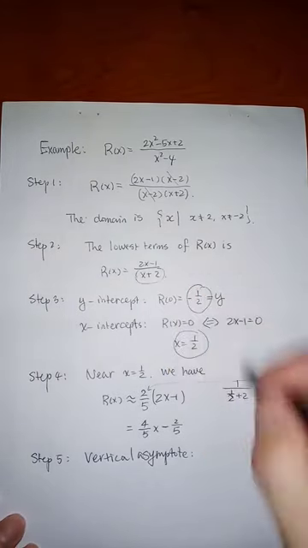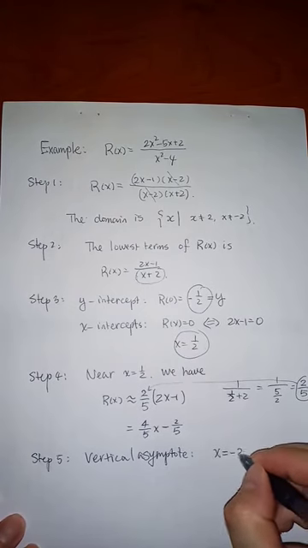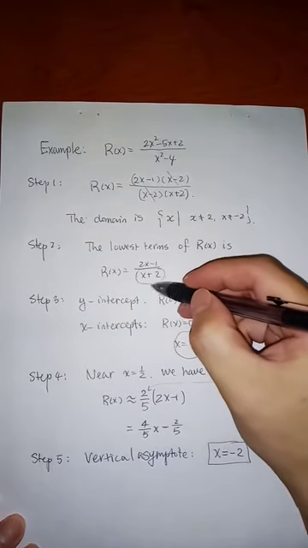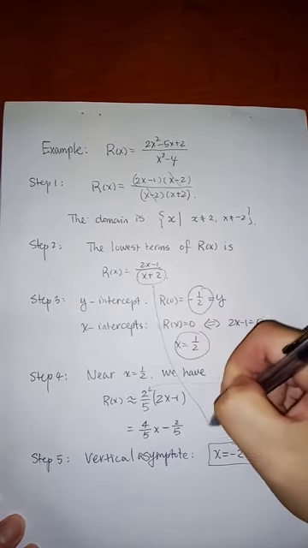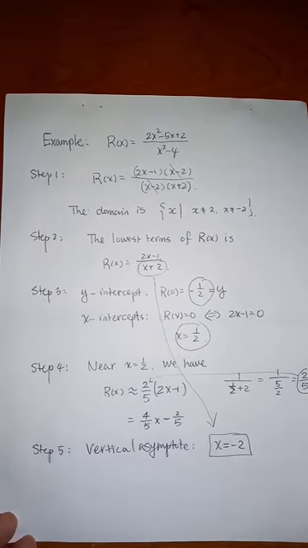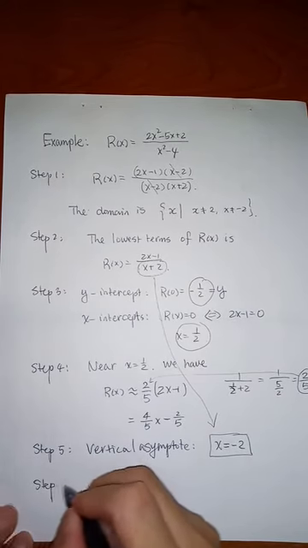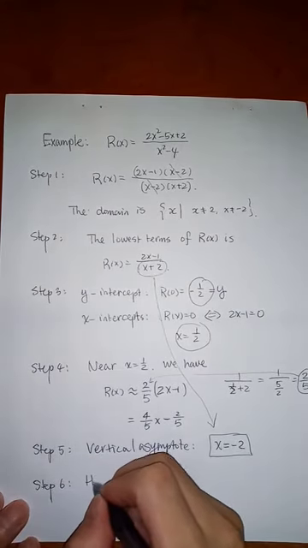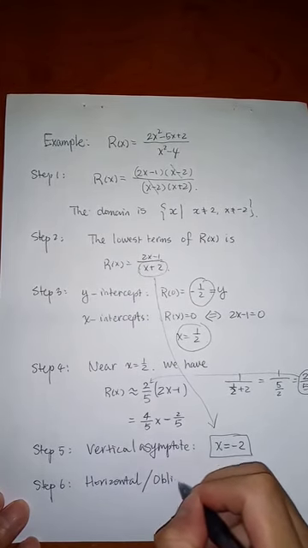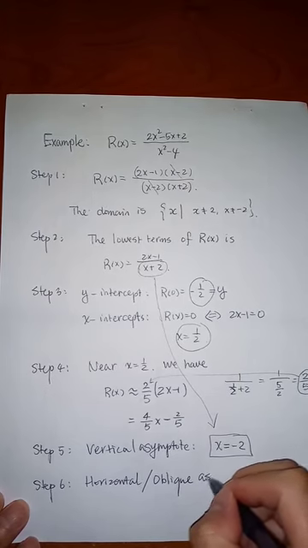So x plus 2 is 0, x equal to negative 2. This is the vertical asymptote. And then we study the horizontal or oblique asymptote.